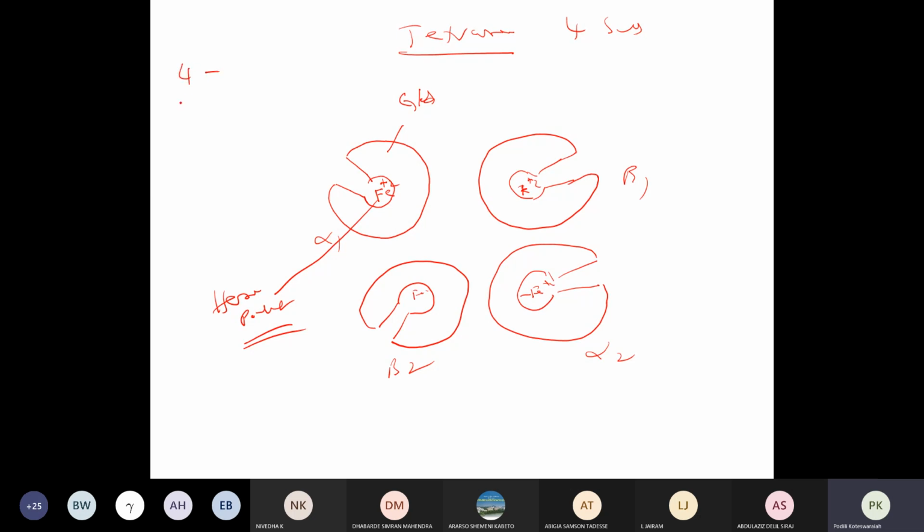So it is a tetramer with 4 subunits and also 4 heme pockets. That's where the oxygen binding takes place.